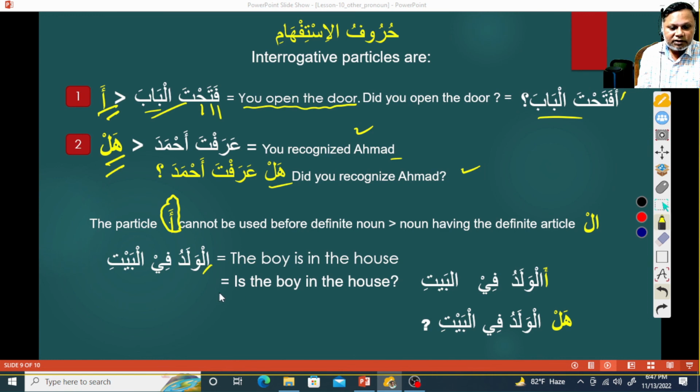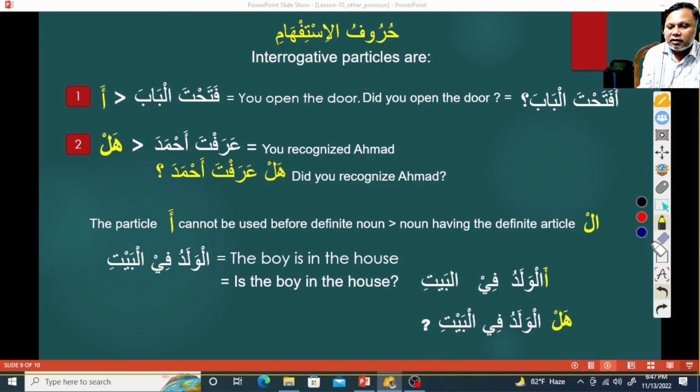If we want to make this sentence interrogative, like is the boy in the house, and we put the hamza there, it is not correct. So in this case, we have to put hal. Hal al-waladu fil baiti, is the boy in the house? These two particles are very important for us to make the interrogative sentence.